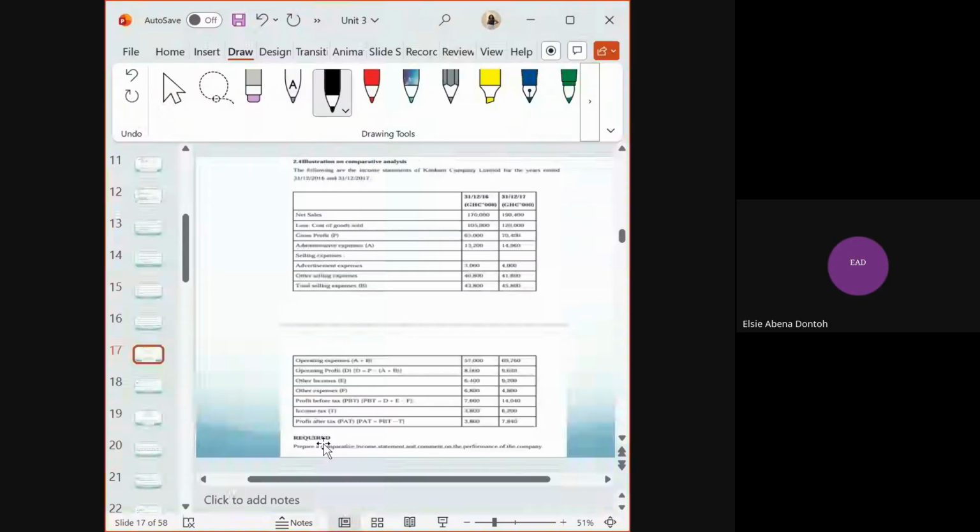So mostly when you are doing comparative analysis, you do it with the companies in the industry you find yourself in. So if you are in the manufacturing industry, it is advisable to compare your firm to a firm in that industry. And mostly the comparative analysis, the company does it.